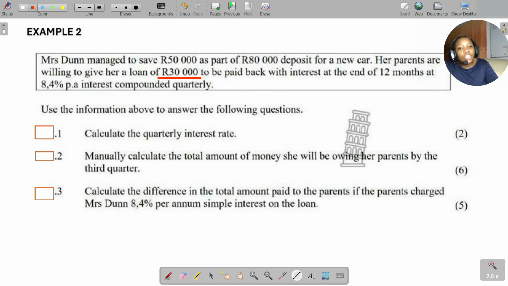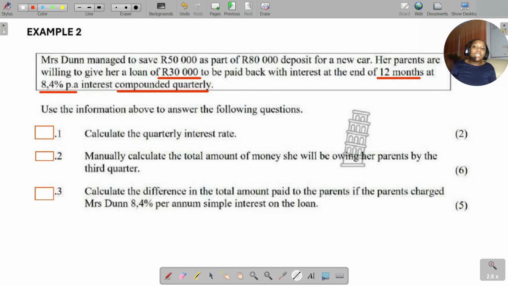Then she needs to pay this loan back in 12 months, and they charged an interest rate of 8.4% per annum, compounded quarterly. So what does everything mean here? The 12 months is just the payment period. She needs to pay her parents back in 12 months.